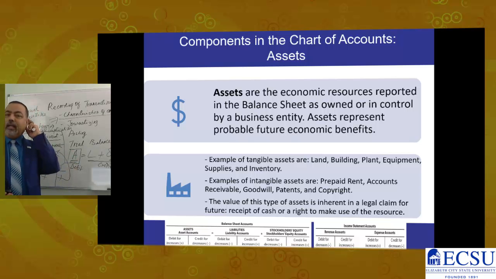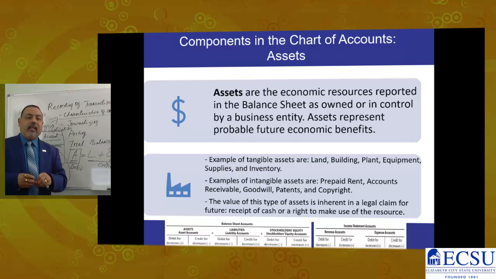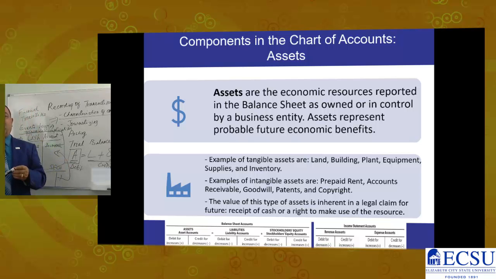So now assets can be both tangible and intangible. And tangible assets could be land, building, plant, equipment, supplies, inventory. Anything that has a physical form would be tangible. And anything that does not have a physical form, but it exists in books of accounts, that would be the intangible.